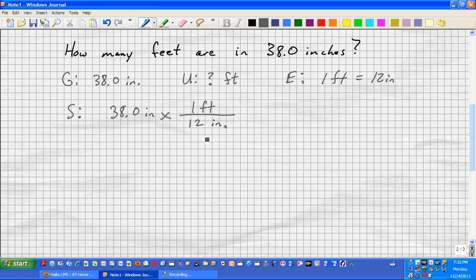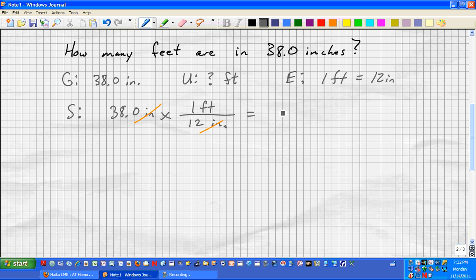So what will happen here is I've got inches on top, inches on bottom, just like x over x, or any fraction. The inches will cancel. I'm left with the units of feet, which is the units I was looking for in the first place.